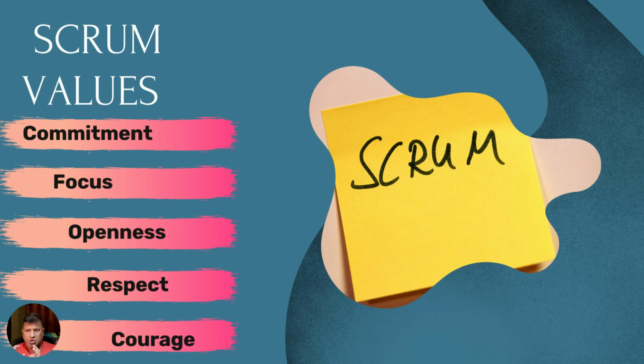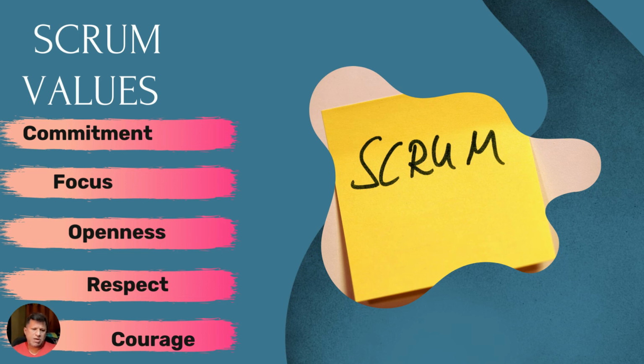What are you focusing on? Are you focusing on the right delivery of value? Are you focusing on collaborating with each and every member of the team, and even beyond your team with other teams as well? When you are operating as a team of teams, whether you are part of a scaling framework like Scrum of Scrums or SAFe or any other, where you need to collaborate with a number of teams to deliver.